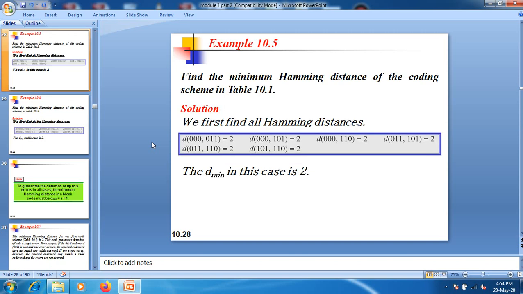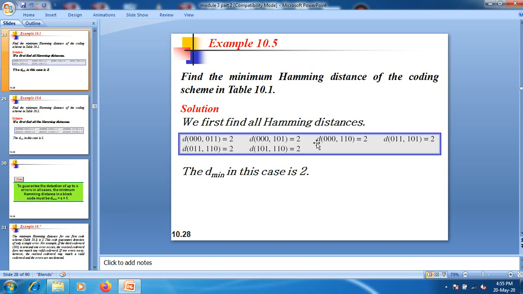Here we will go through this particular example. We are trying to find the minimum Hamming distance of the coding scheme. We have a coding scheme, and we are trying to find what the Hamming distance could be here.